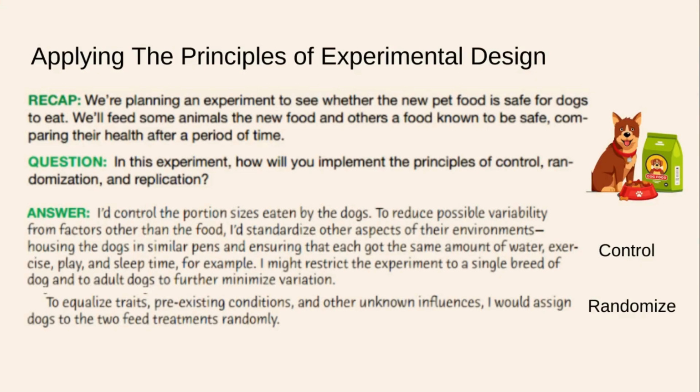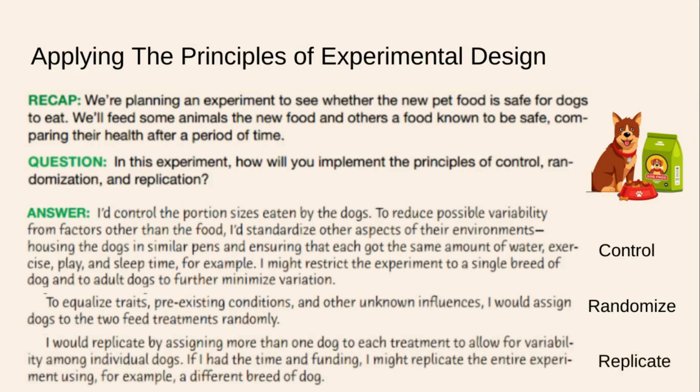And the last thing that we want to do is replicate. I would replicate by assigning more than one dog to each treatment, that's a no-brainer, to allow for variability among individual dogs. If I had the time and funding, I might replicate the entire experiment using, for example, a different breed of dog.